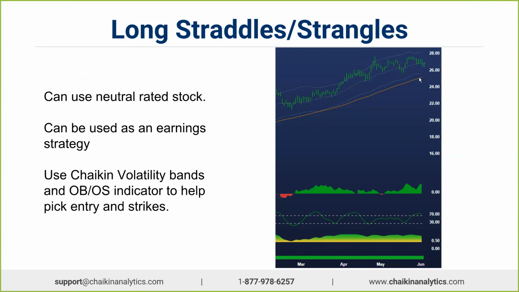Because you need to make a big move either direction. And if you catch it up to the high end of the range, it's probably not going to make a big move higher. You might have a big move lower, but that's not what you do a straddle for. A straddle is when you're trying to anticipate a big move either way. So in this case, I would look to try and catch it in the middle of the range, right along the middle line. You might even want to try and catch it right in the middle of the overbought, oversold oscillator as well.